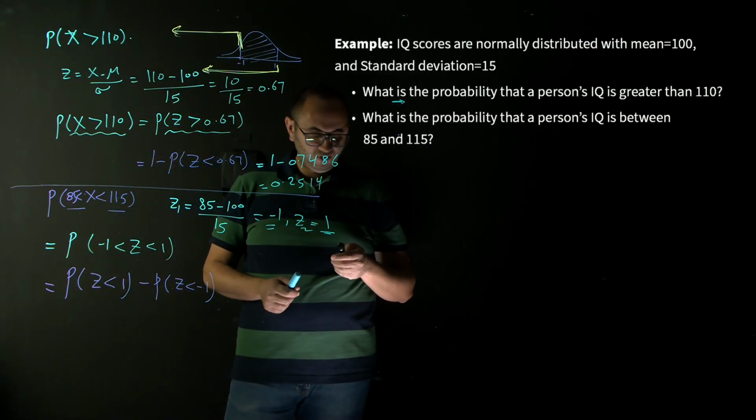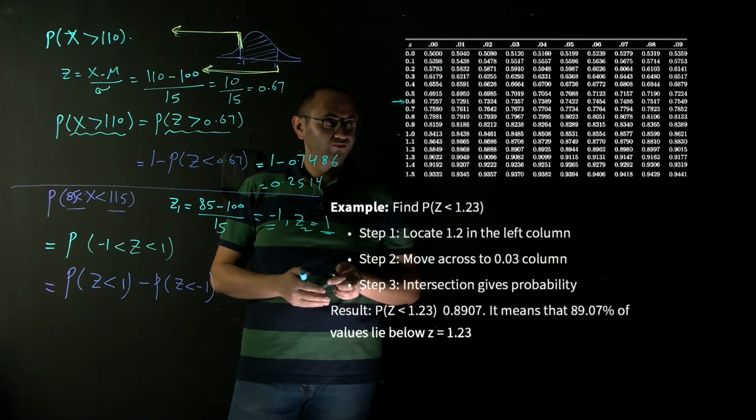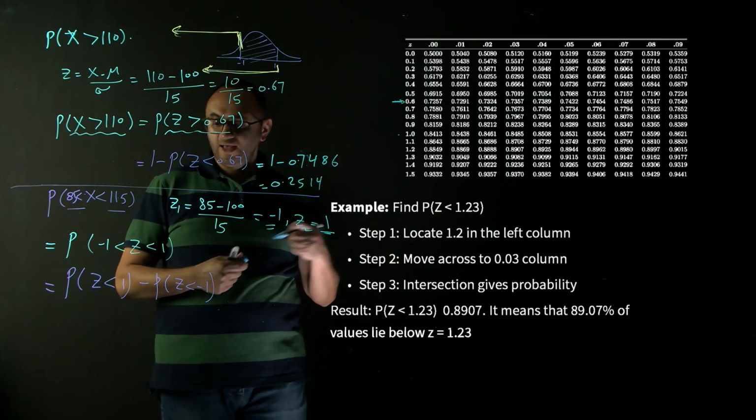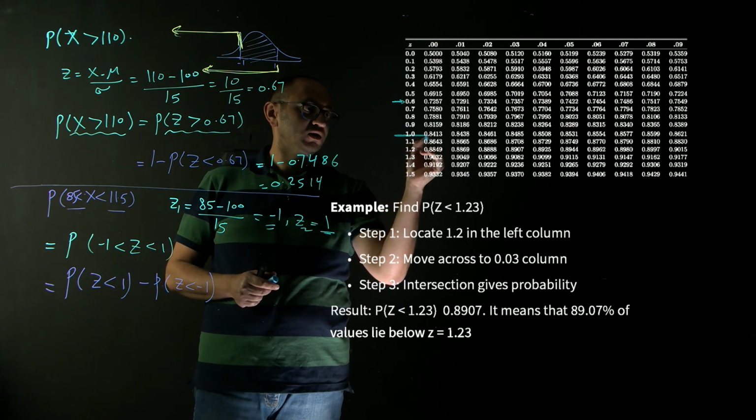All right, so if we go back to the previous slide, because it has the table, the probability z is less than 1 is here, right? This is 1.